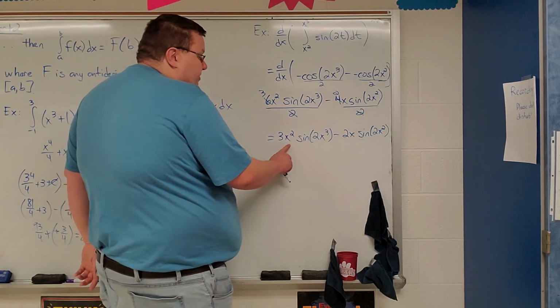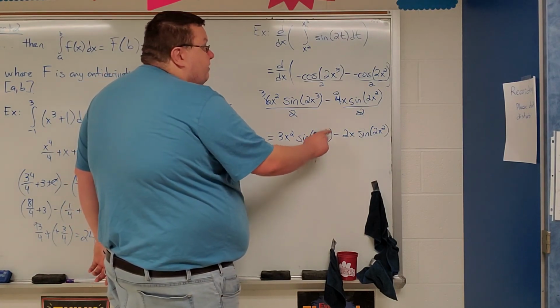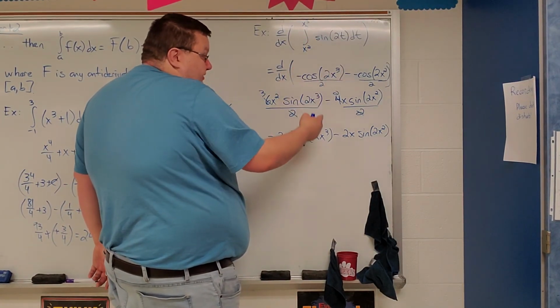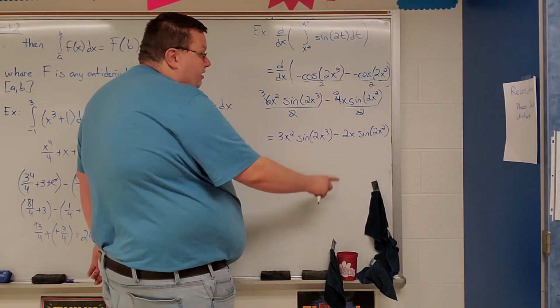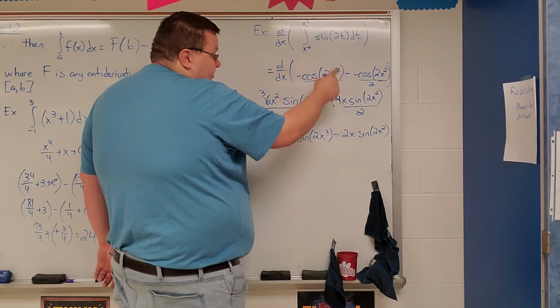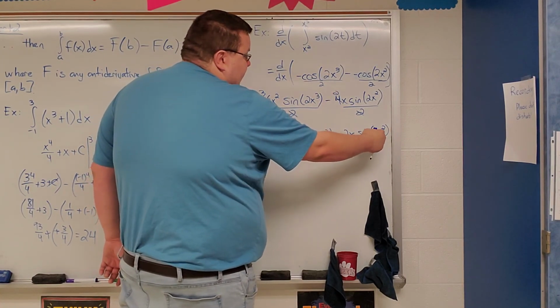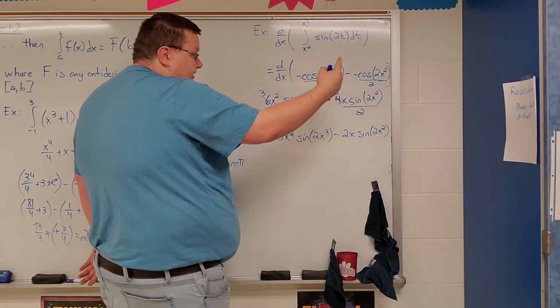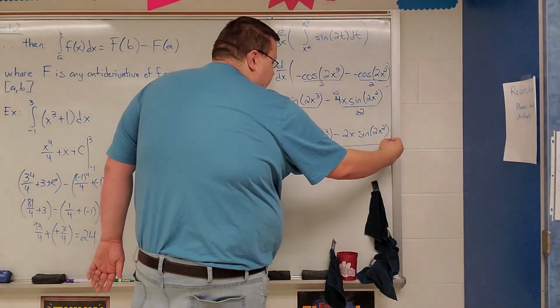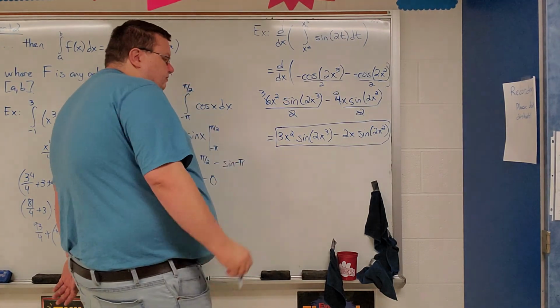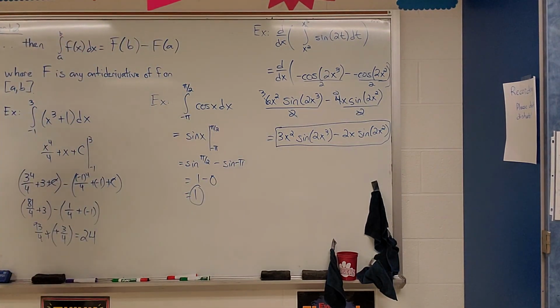I would have gotten 3x squared sine of 2x cubed, so that's x cubed plugged into that function, minus the derivative of x squared, which is 2x, times the sine of 2x squared plugged into that function. I would have gotten this answer in the first place just using part 1. And that would be my answer to that.